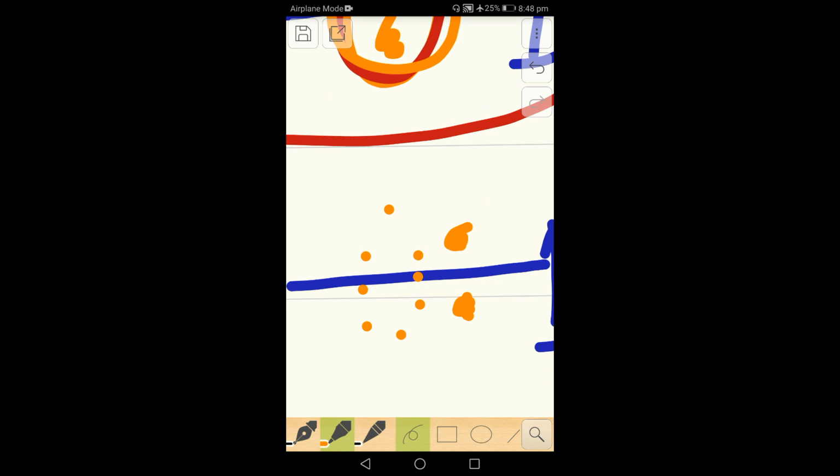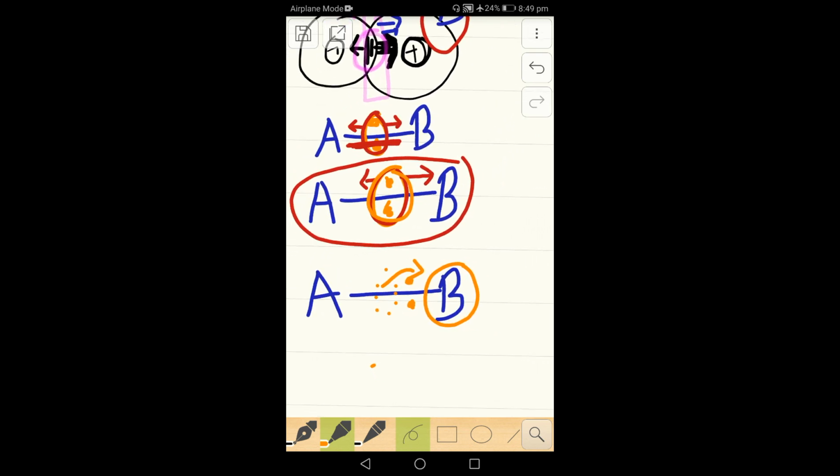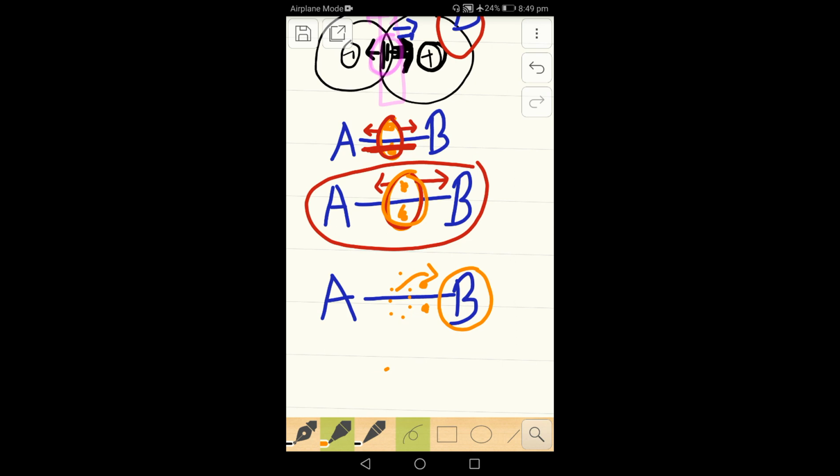Rather than drawing in the middle. Okay, so this refers to the fact that B has a higher electronegativity. So the electrons are shifted slightly towards B, and we know that electrons are negatively charged. So the thing towards which electrons shift becomes negative.